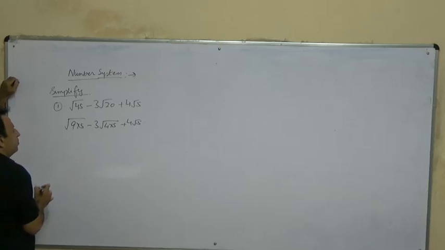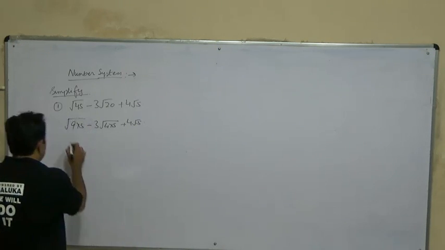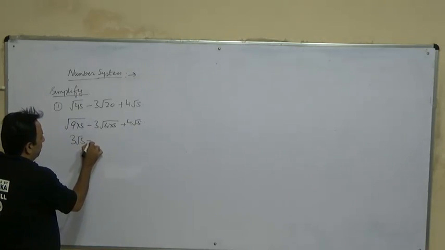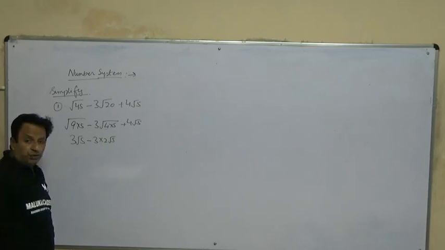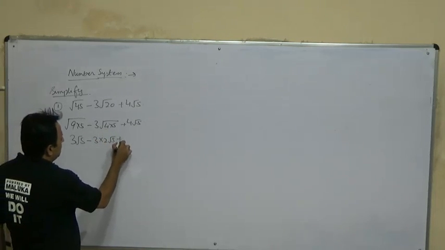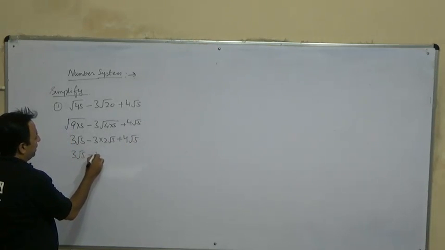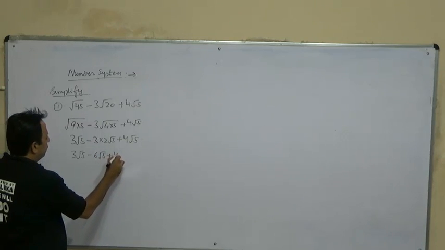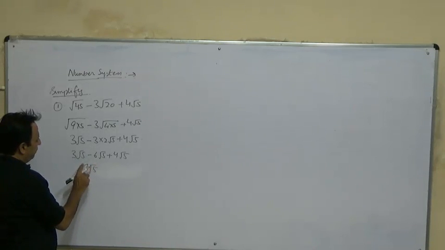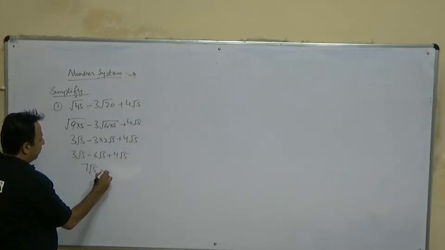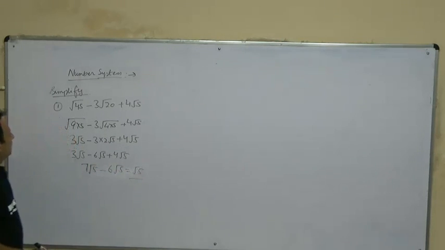Now 9 can be taken out because we know that square root of 9 is 3. So this is 3 under root 5 minus this is 3 into 2 under root 5 because square root of 4 is 2, plus 4 under root 5. So 3 under root 5 minus 6 under root 5 plus 4 under root 5. 3 और 4 क्या हो गए, 7√5 minus 6√5 and we will get under root 5 as the answer.